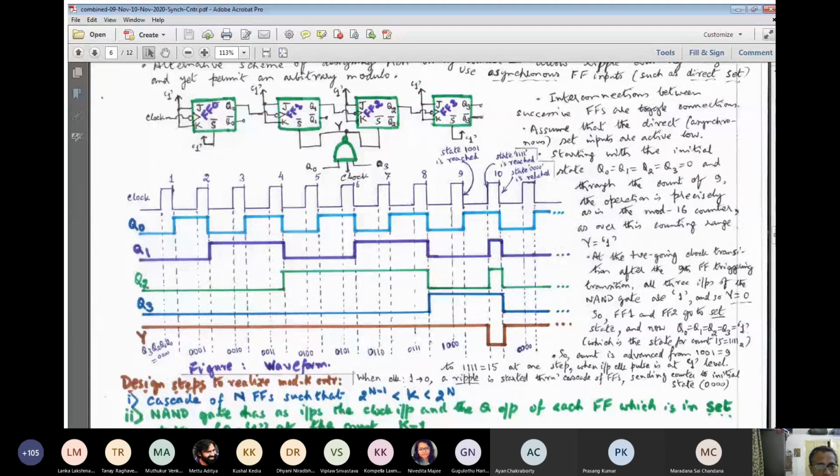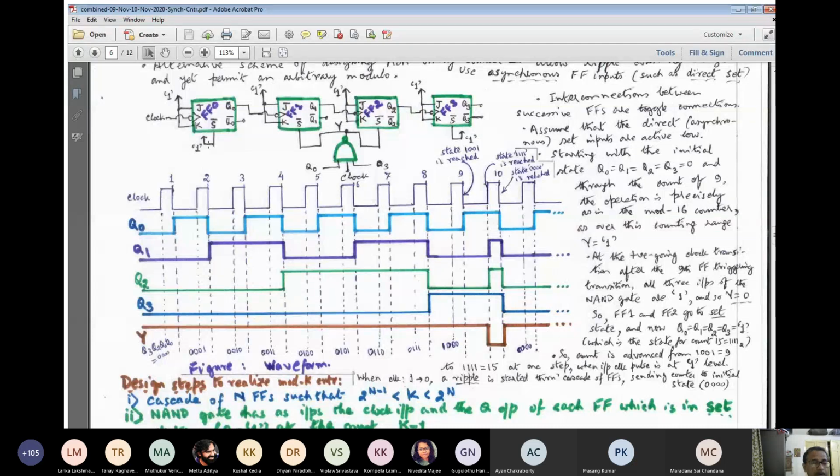Is it clear? That means when the clock next goes from 1 to 0, a ripple is started through the cascade. Why do we say a ripple? Because first FF0 will have a transition in response to the clock. For FF0, it is faithfully dividing the clock frequency by a factor of 2. So whenever there is a 1 to 0 transition in the clock, J and K are connected to 1 and the set is connected to 1, that is ineffective.